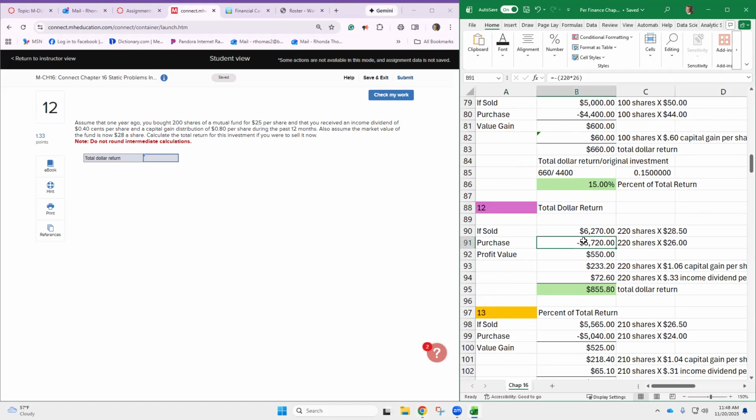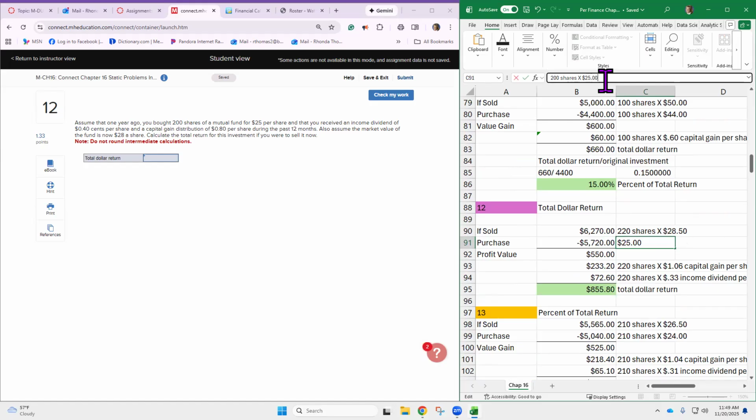So we bought 200 shares at a cost of $25. Let me put this in. And we received an income dividend of 40 cents a share and a capital gain distribution of 80 cents a share during the past 12 months.